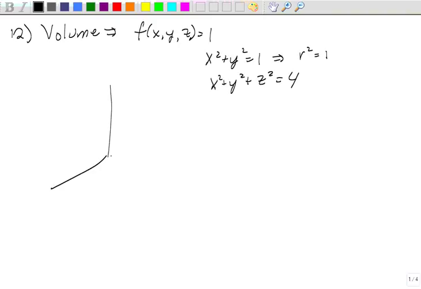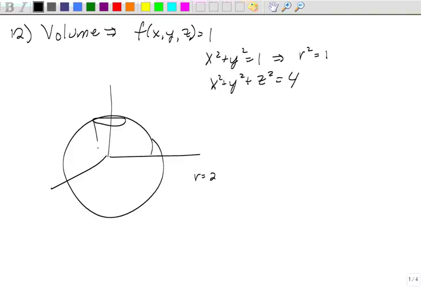Okay, so what we have here is a sphere, radius 2, and then we're cutting out a cylinder, because in the xy plane, this is going to be x squared plus y squared equal 1, and z can be anything. So we want the volume of that in the first octant.